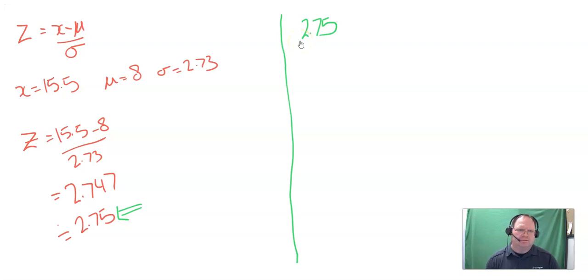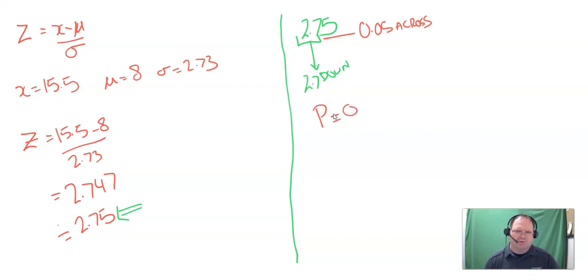So we go down to 2.75 and we go across to 0.05. And we read the probability at that point as being 0.9970.